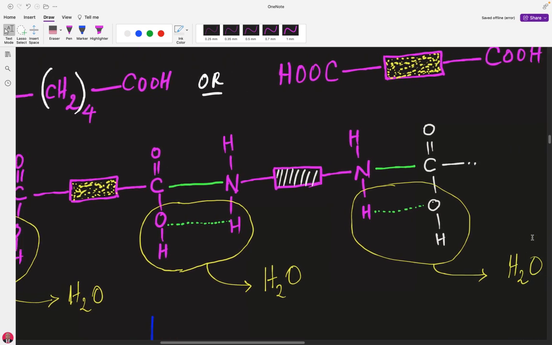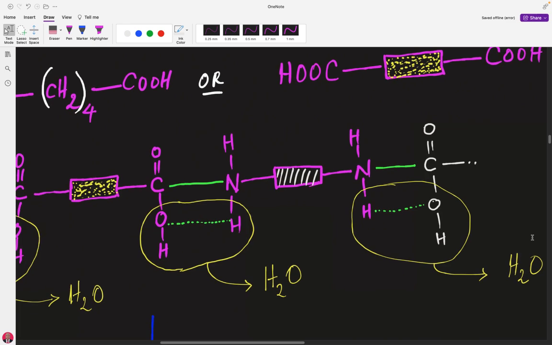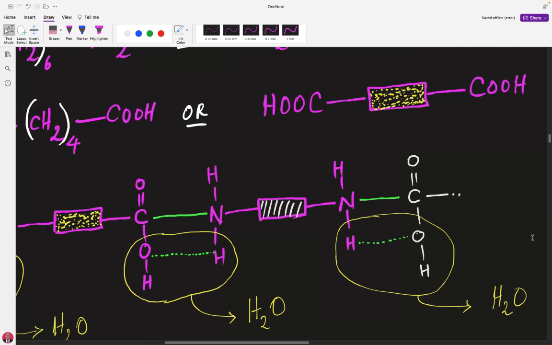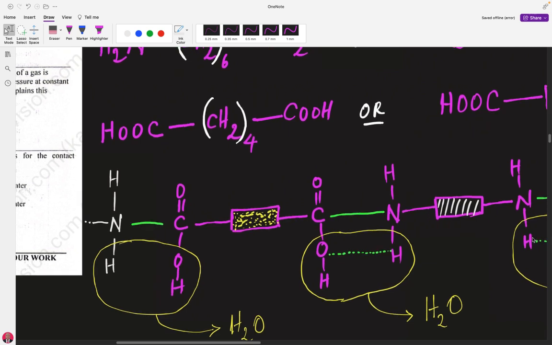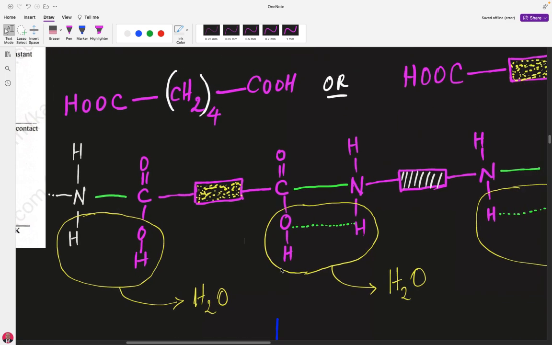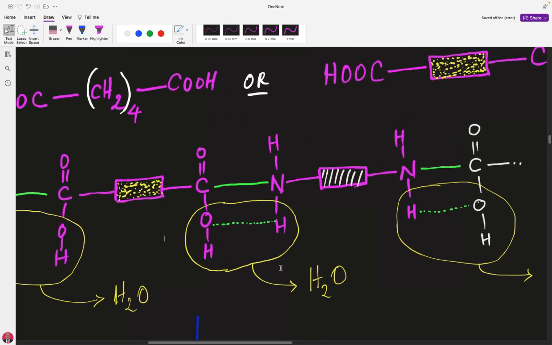This is how it is being represented. That's how the structure will go. So you could be given an exam to write or to indicate where there's a hydrogen bond or what is happening. This is how you can do it.